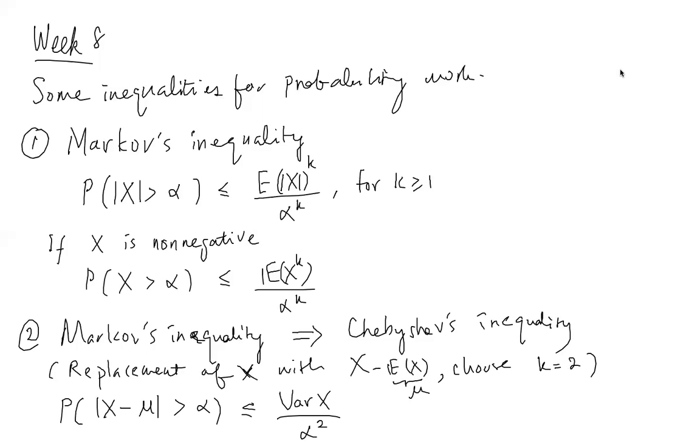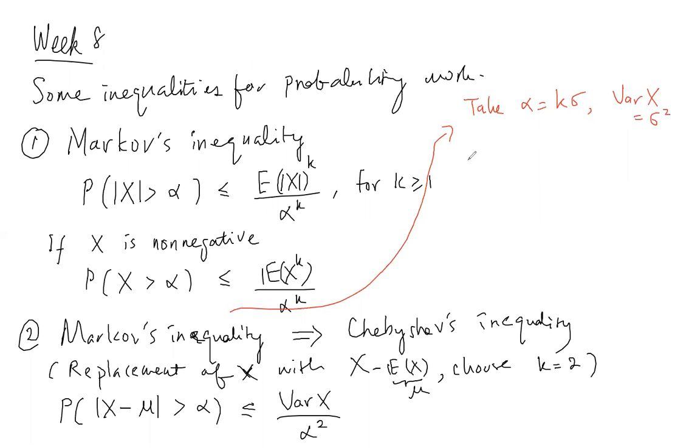Now, this is the general form for your Chebyshev's inequality, right? So I think in some textbooks, you may have come across some formula like this. So let's say for this part, you take alpha equals to k sigma, where your variance of x is sigma squared.